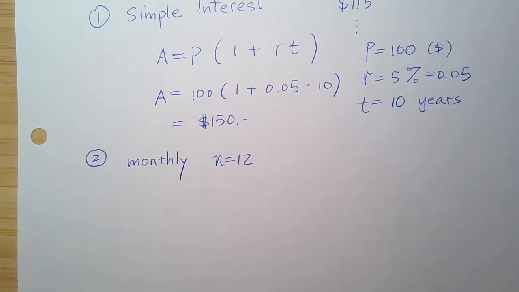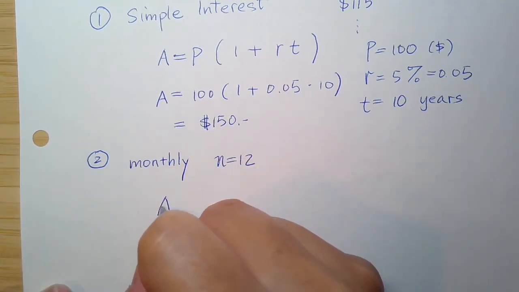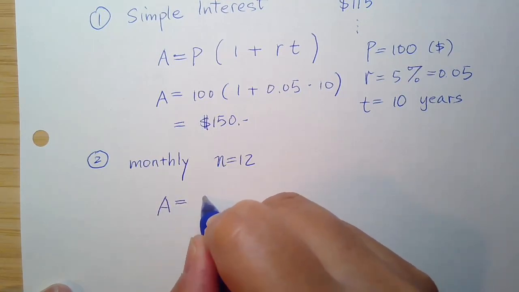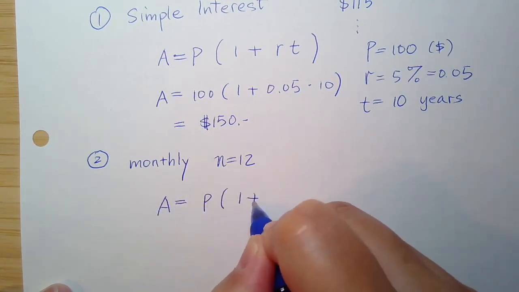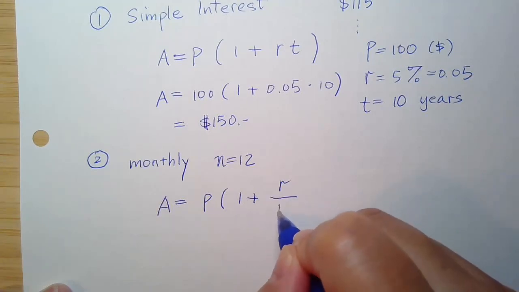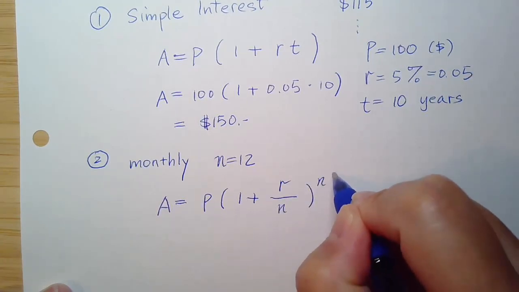So it's compounding, which means you're going to earn interest on interest. It sounds much, much better. And that formula is this. A equals P times 1 plus R over N, to the power NT.